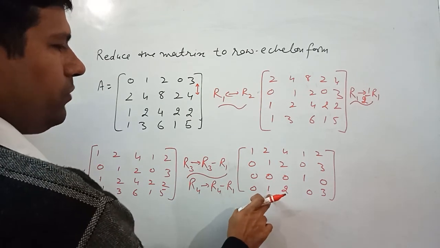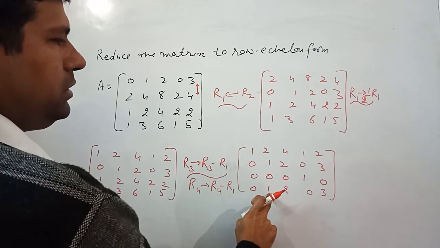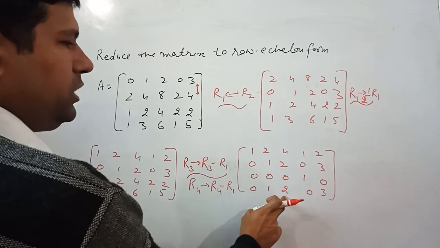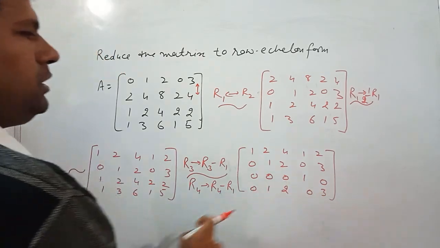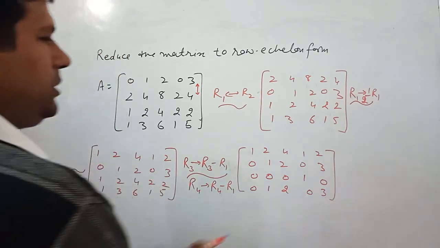Now if we subtract R2 from this, these two will be 0. All these elements will be 0.